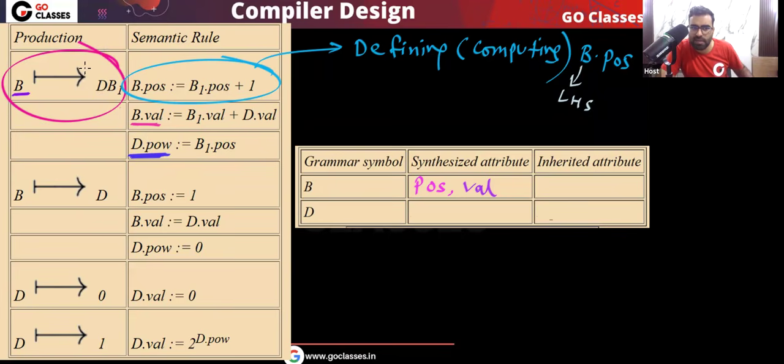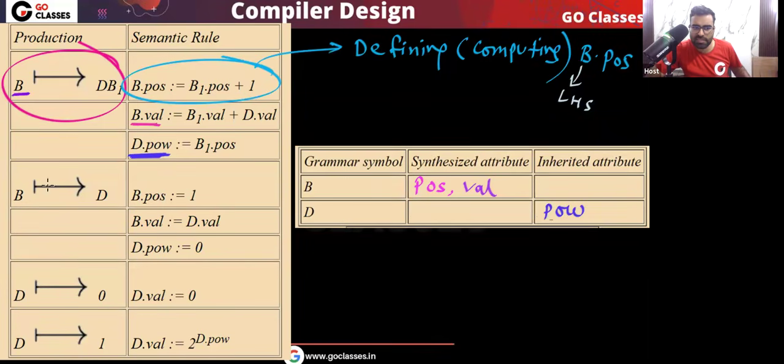So corresponding to this production, we have written this semantic rule in which we are computing an attribute of a non-terminal on the RHS. So tell me, this attribute will be called what? This will be called an inherited attribute of that non-terminal. So for this D, POW is an inherited attribute. Tell me, did you understand or not? Let me know. One by one, we are checking the semantic rules, nothing else.